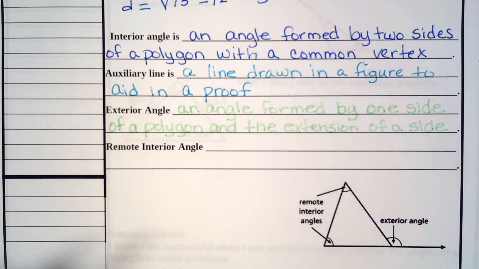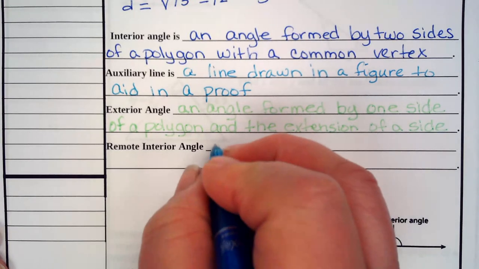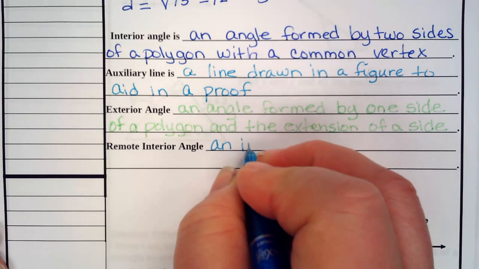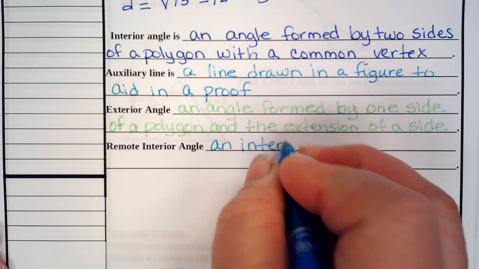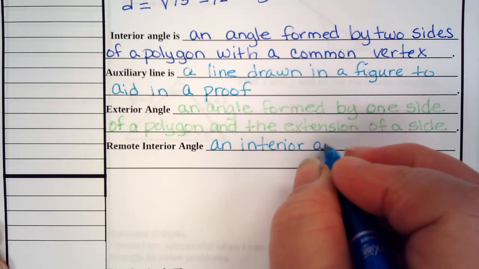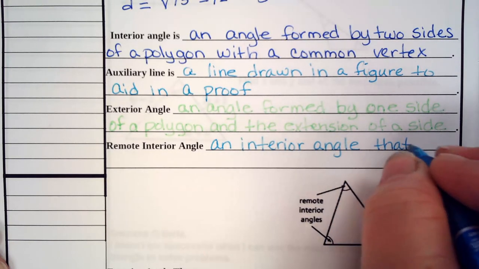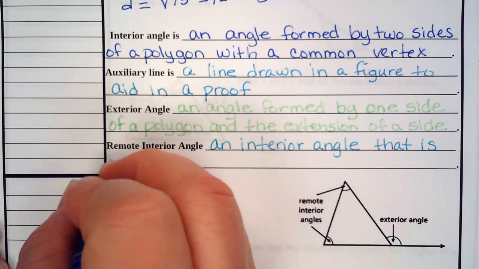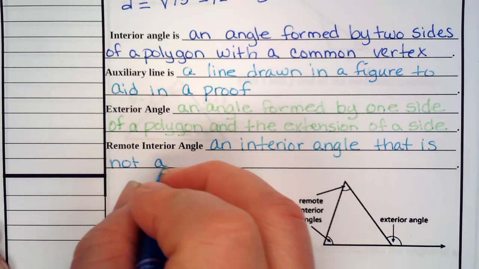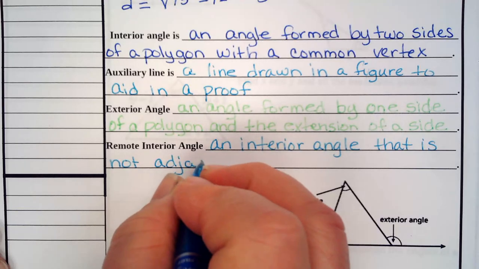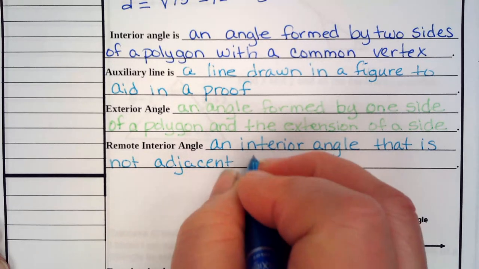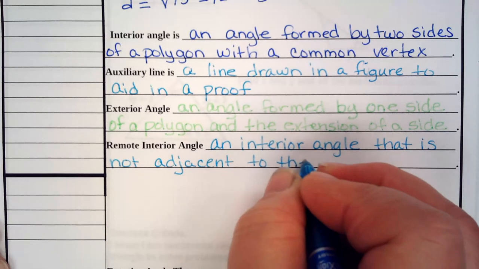Your remote interior angle is an interior angle that is not adjacent to the exterior angle.